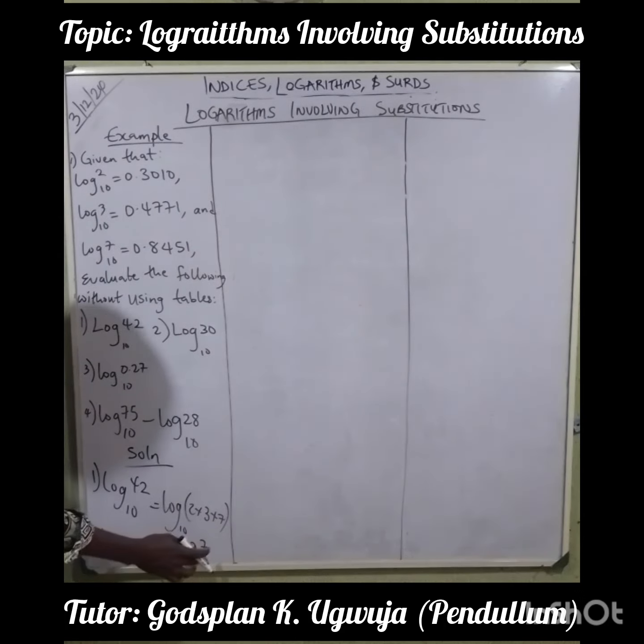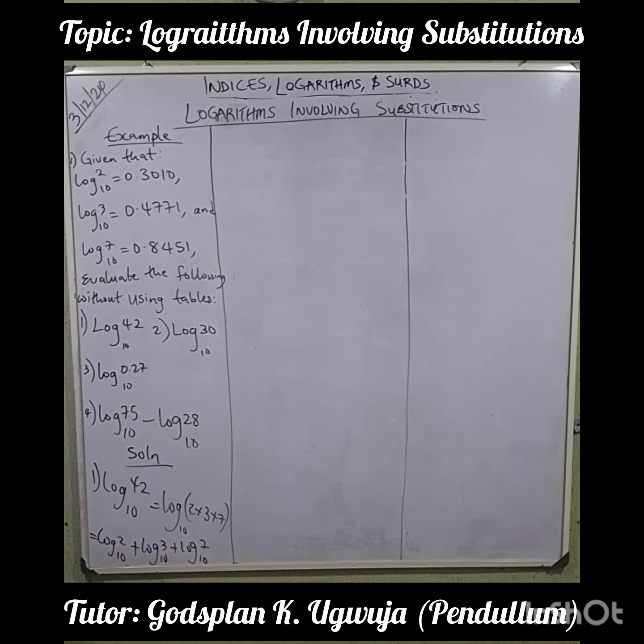Alright, I hope you can see this very clearly. So I have separated this now into log 2 base 10 plus log 3 base 10 plus log 7 base 10. I have expanded this. If you want to go from here back here, it's still the same thing you get.